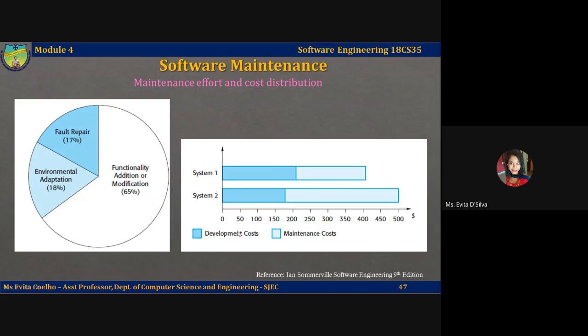So, these are the development costs given here in a darker shade of blue, and the maintenance cost in a lighter shade of blue. For system 1, you can see that the development costs and the maintenance costs are somewhat equal. But here you can see that the maintenance cost is distributed over a larger space in the lifetime of the system.